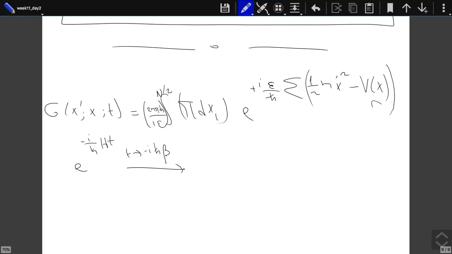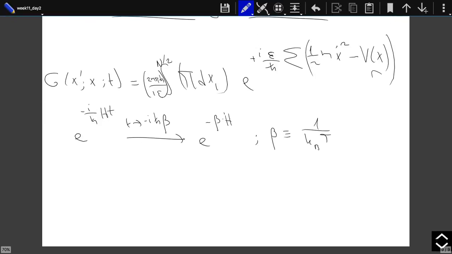So this just becomes e to the power minus beta h, where beta you can identify with 1 over the Boltzmann constant times T. Well, this is also nice computationally, because in numerical calculations, integrating oscillating functions is more difficult than integrating exponentially decaying functions. We can calculate exponentially decaying functions more reliably. So this limit is also nice in that respect.